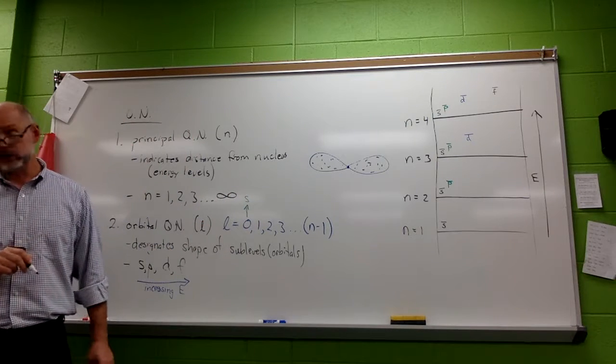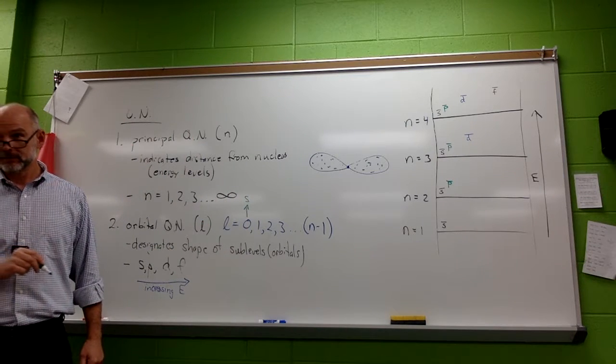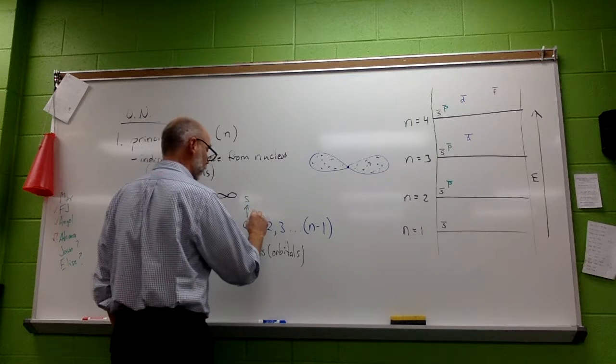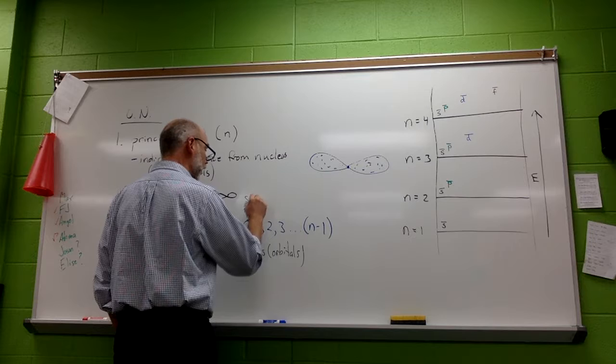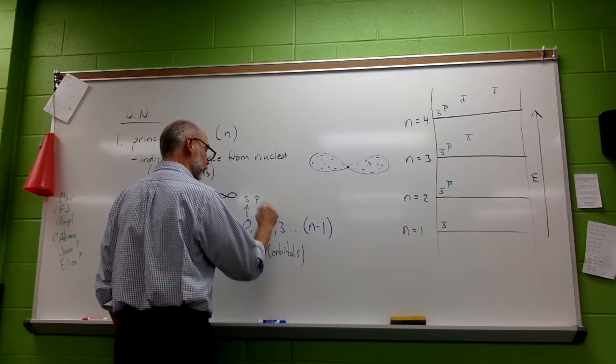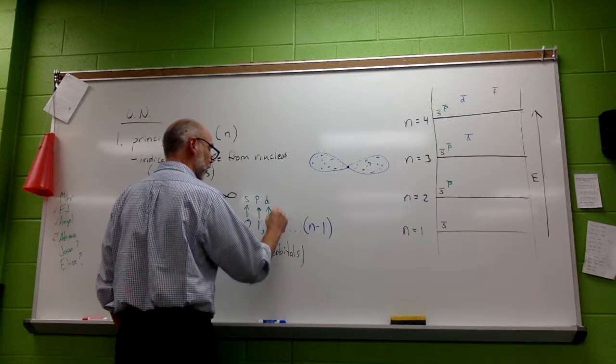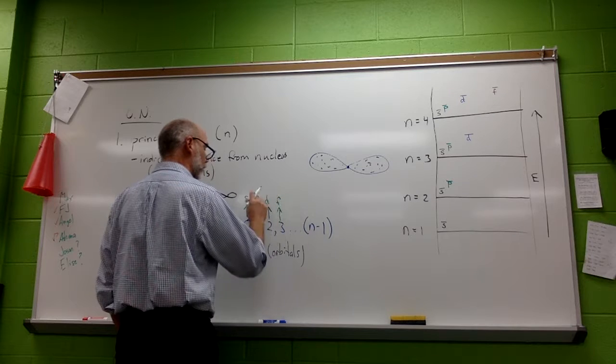An L of 1 represents, I think you guys can figure this out, a P orbital. An L of 2 is a D, and an L of 3 is an F orbital.